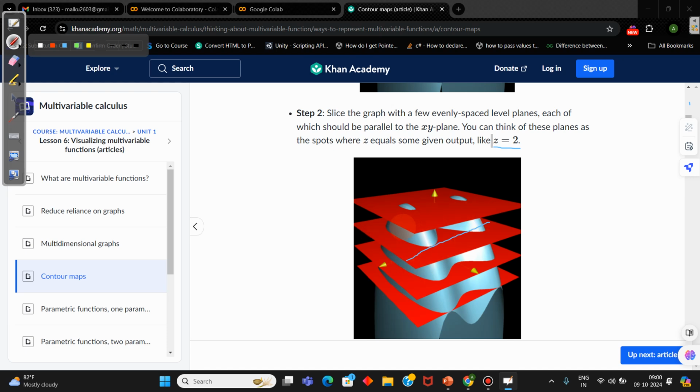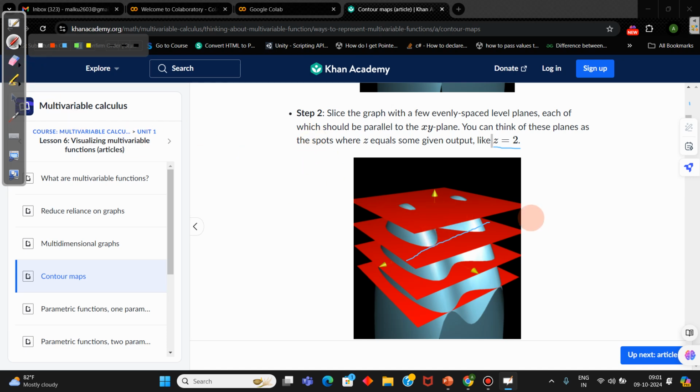All the points of x and y represent all the values which give the output z equal to 2, and wherever the plane touches the graph means all the x, y taken as input which also follow the function relation.